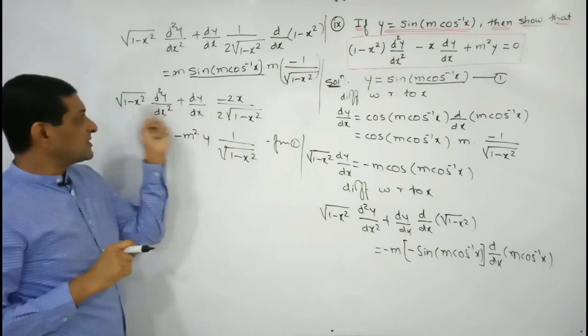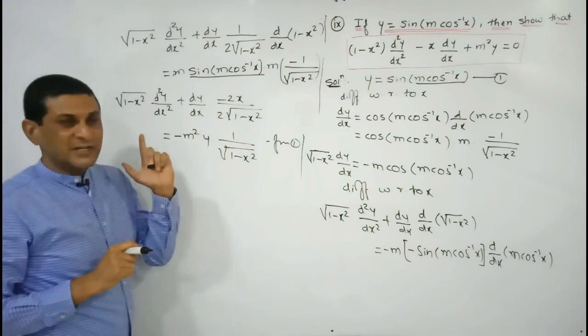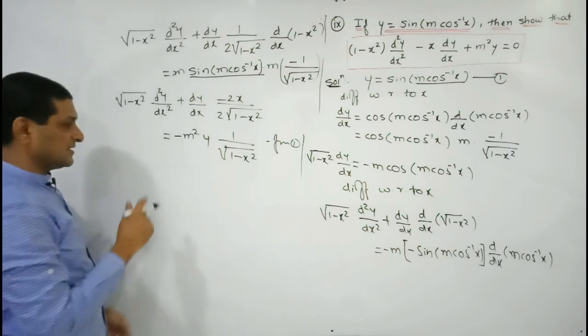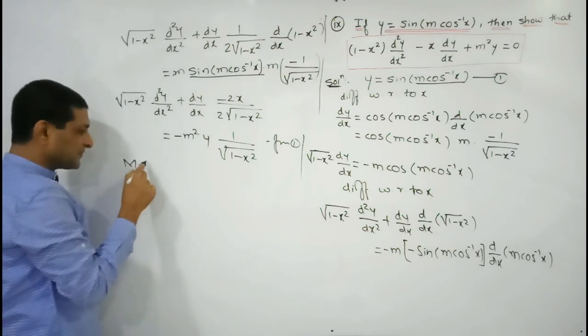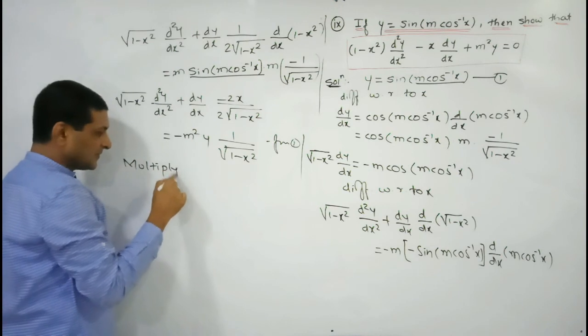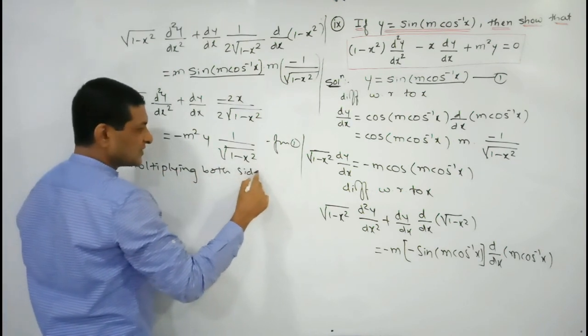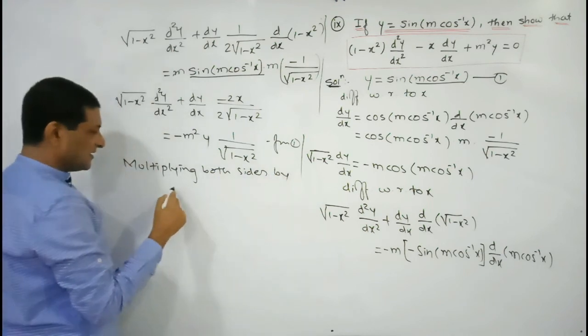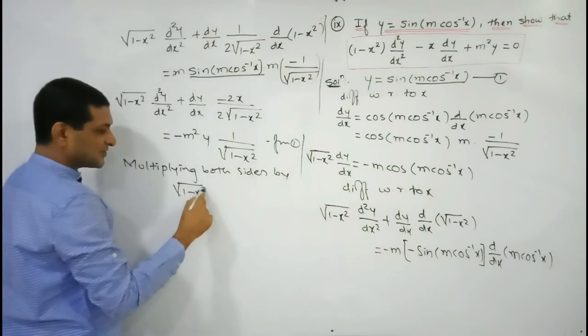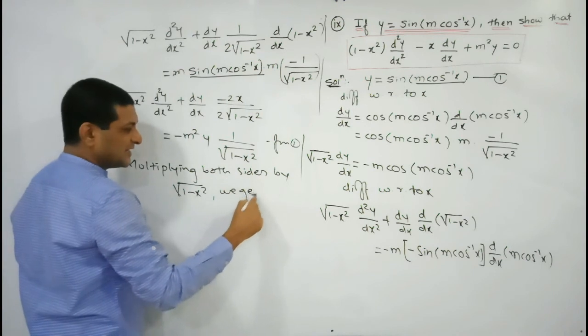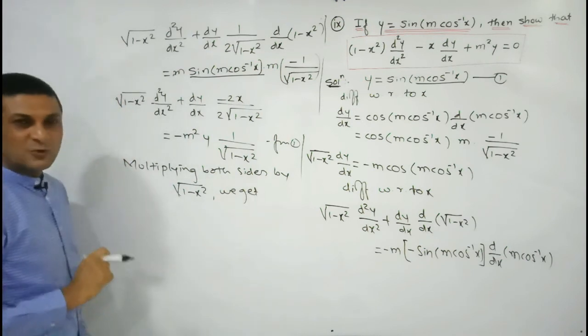And I think after multiplying by under root 1 minus x square, definitely we will get our required result. Let us see what we will get after multiplying by under root 1 minus x square.